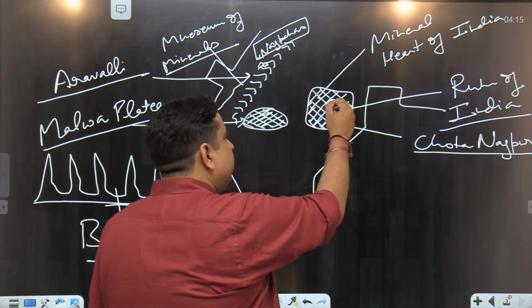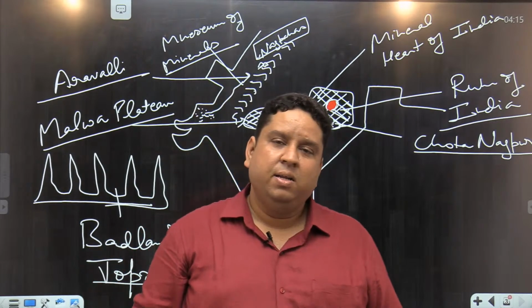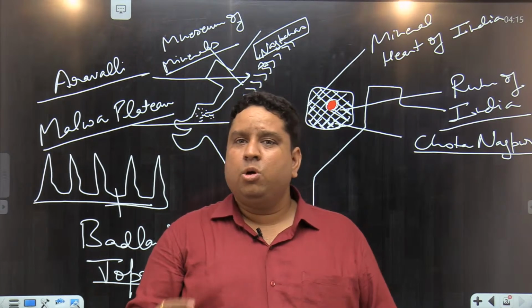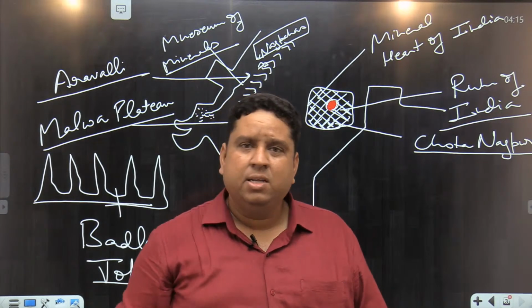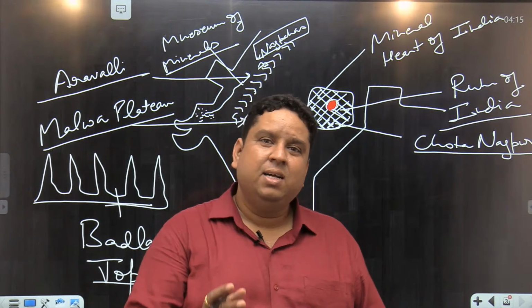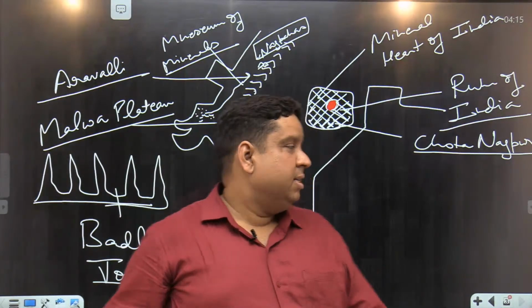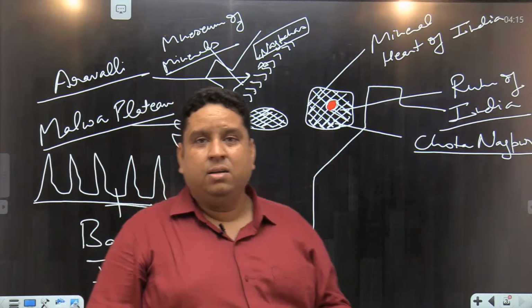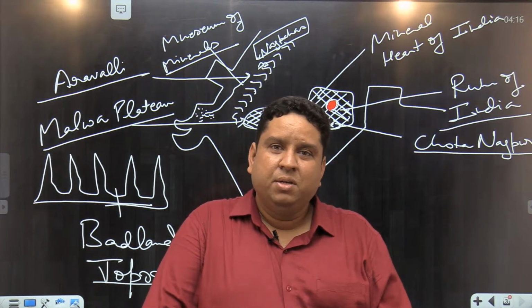So the iron and steel industry is dependent on two raw materials: coal and iron ore, hematite. The surrounding regions are known for their iron ore reserves.